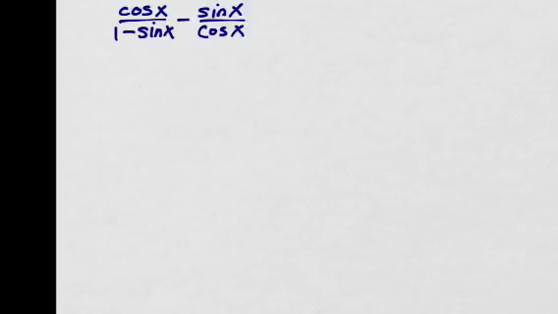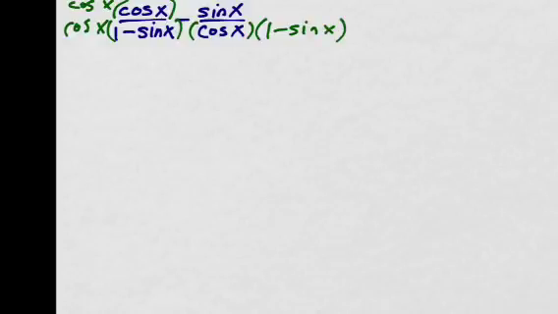So I'm just going to take this first one, multiply by cosine x, top and bottom, and then the second one I'll multiply by the little bit more complicated thing, 1 minus sine of x, top and bottom.